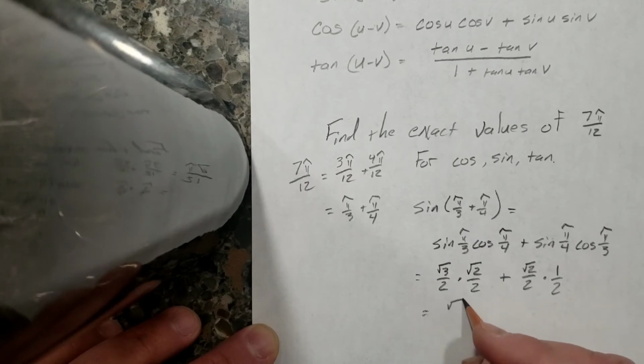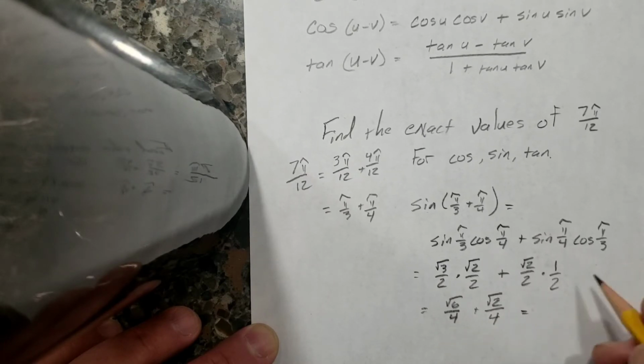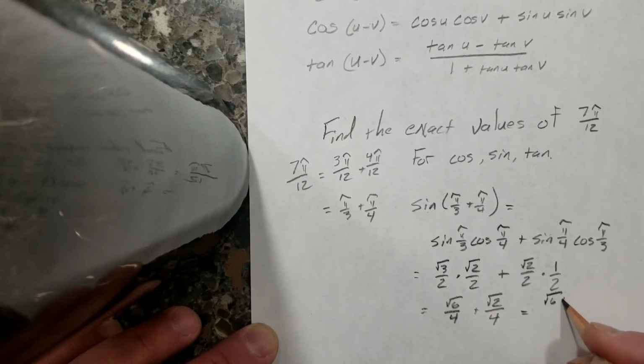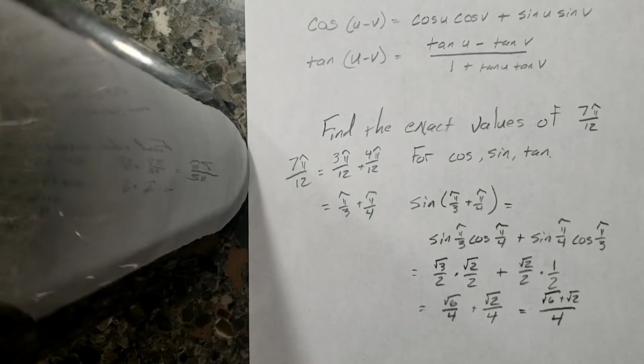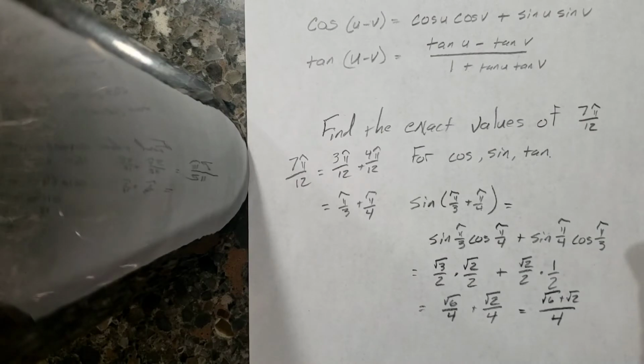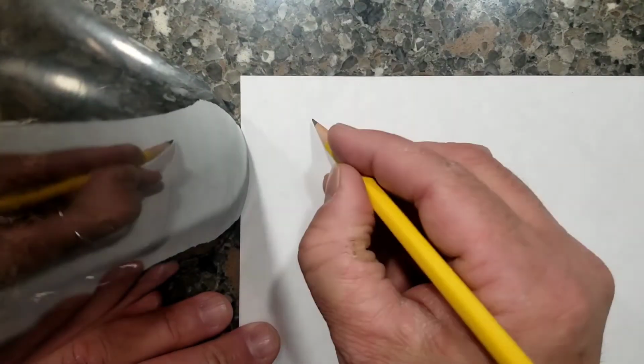Multiply those together, I get radical 6 over 4 plus radical 2 over 4. Turn them into one fraction, radical 6 plus radical 2 over 4, and leave it like that. That's exact. That is your exact value. So you don't want to do anything else with that. Okay? Just leave it right there. There's your answer.